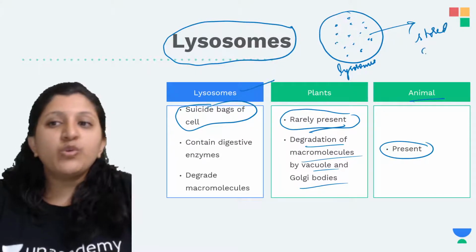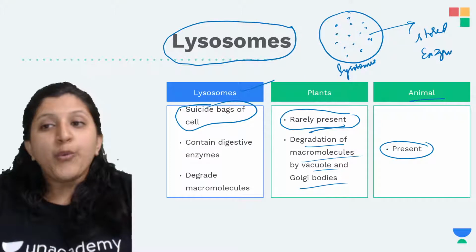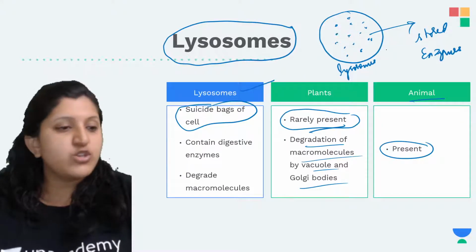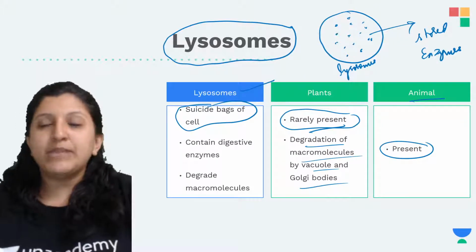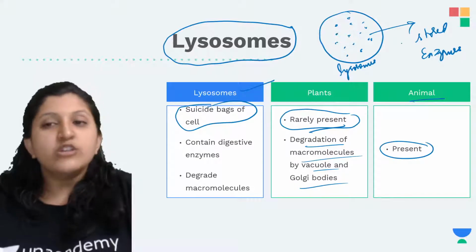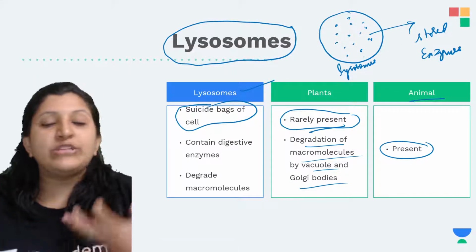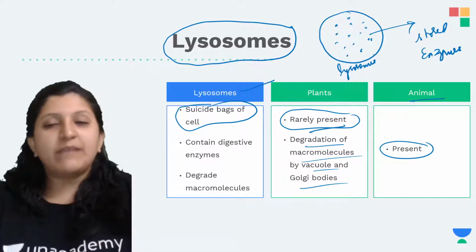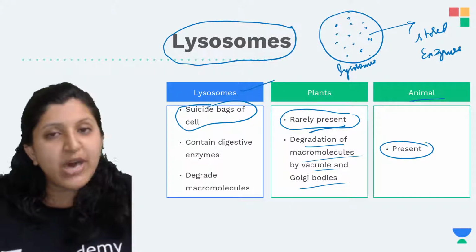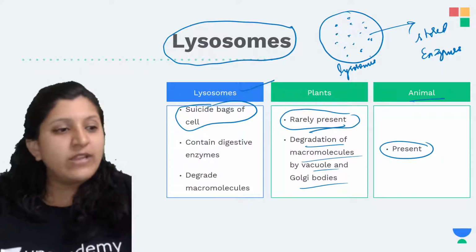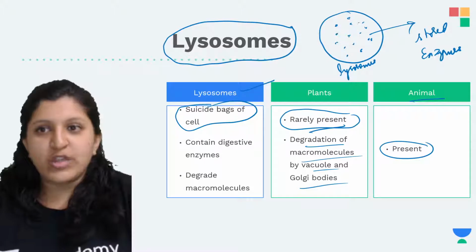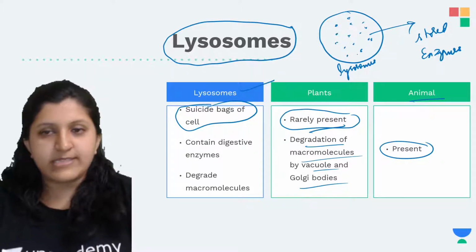You can find enzymes whenever there is an action. So let's say bacterial entry or viral entry occurs. These lysosomes are going to fight that. That means the enzymes are released so that they kill the germ that has entered. So this is an enzyme, this is a lysosome.